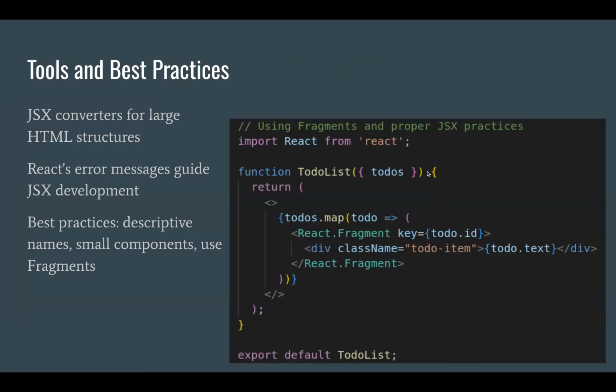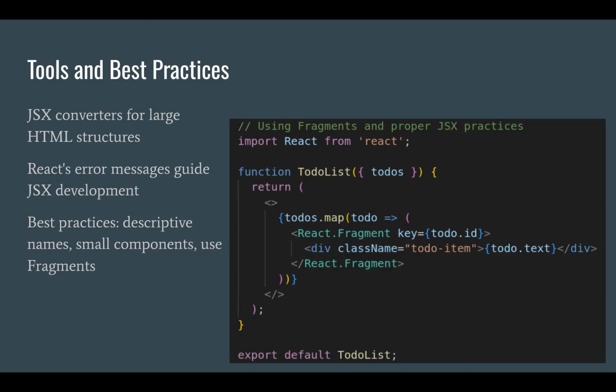Tools and best practices. While I think writing JSX manually is really important for learning, if you already have a really big HTML file, tools like JSX converters can really help with the process.